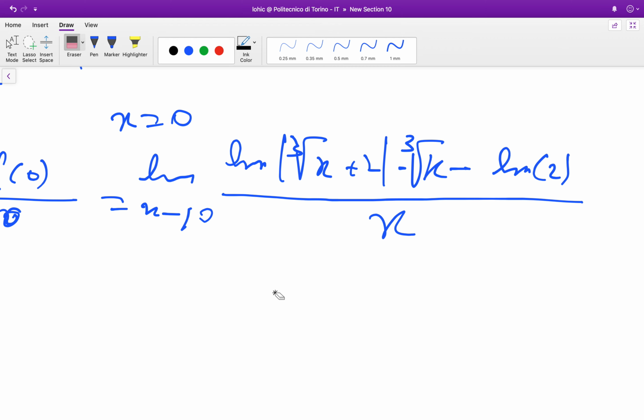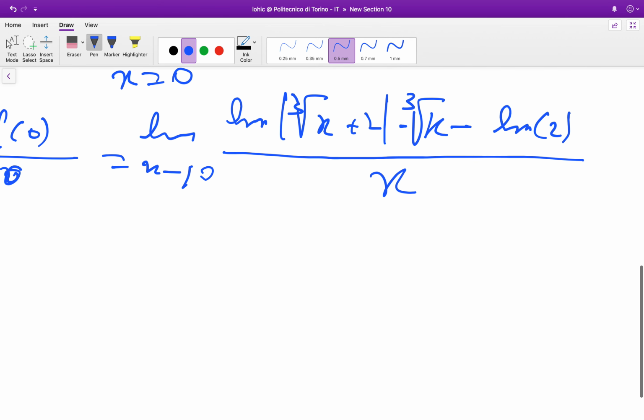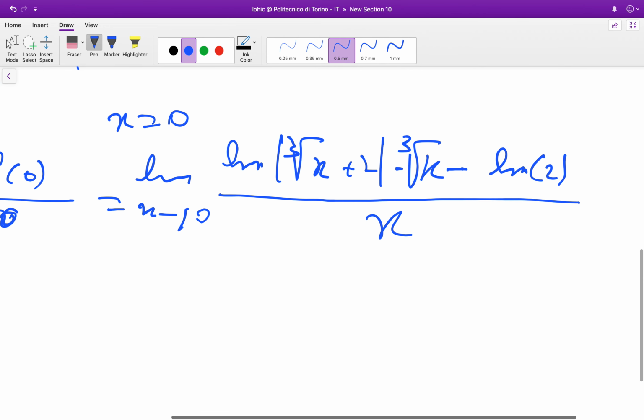To find it, keep in mind that they say study the differentiability and then compute the derivative. But if you are not able to do what I am doing now, it's better for you, maybe, to compute the derivative and then study the differentiability.